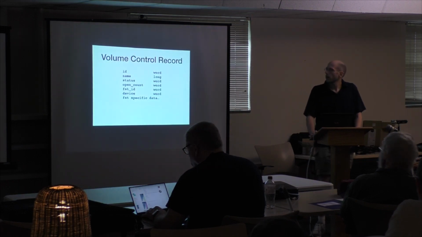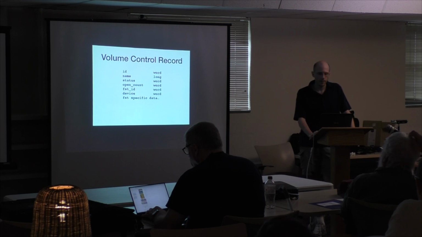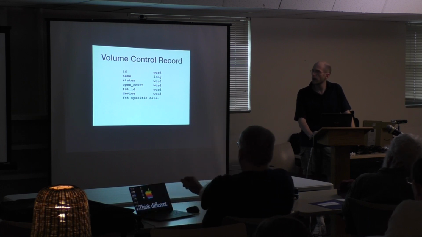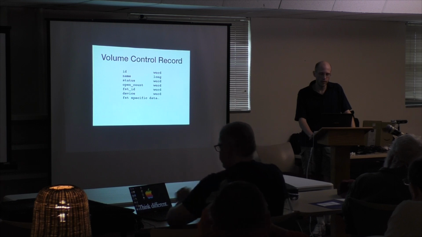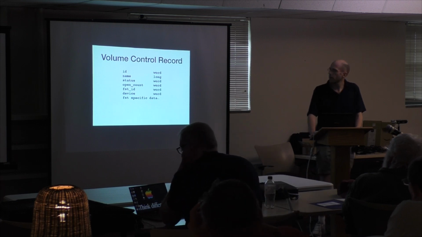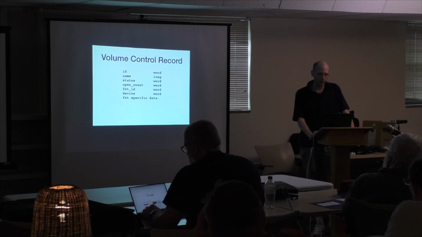So the volume control record has an ID, it has the name of the volume, the status, which would mean things like offline or disk switched, the number of open files on that volume, the file system ID that created it, the device where it was last seen, and any FST specific data.